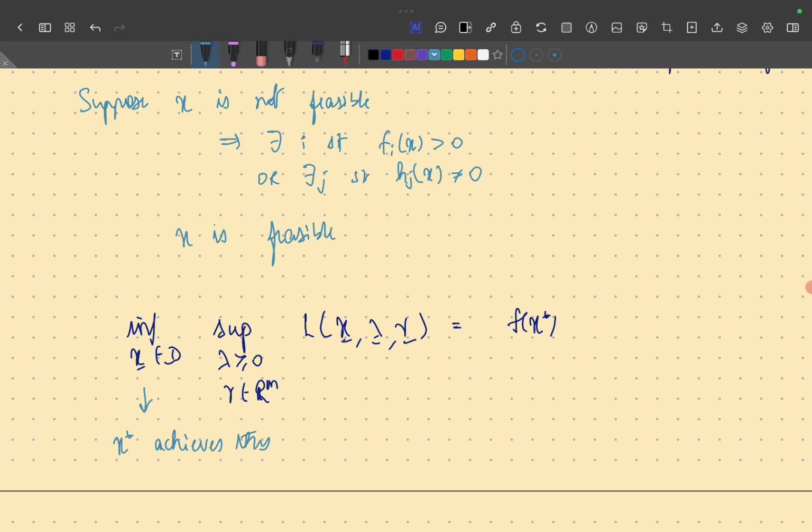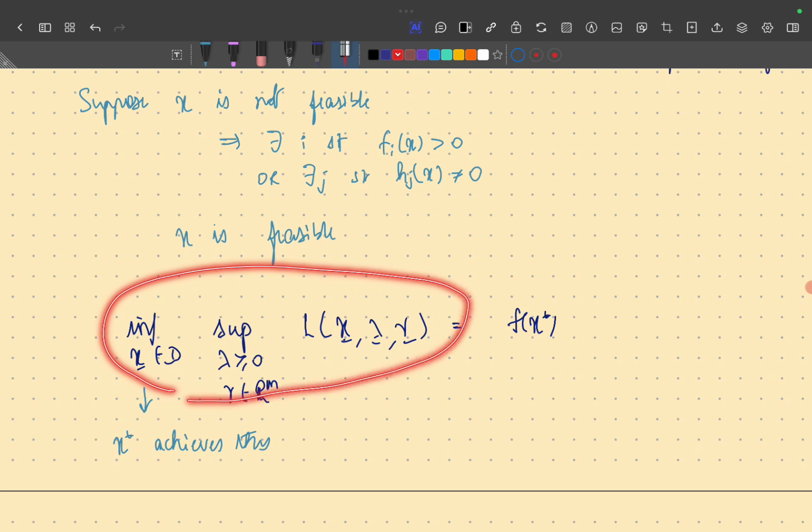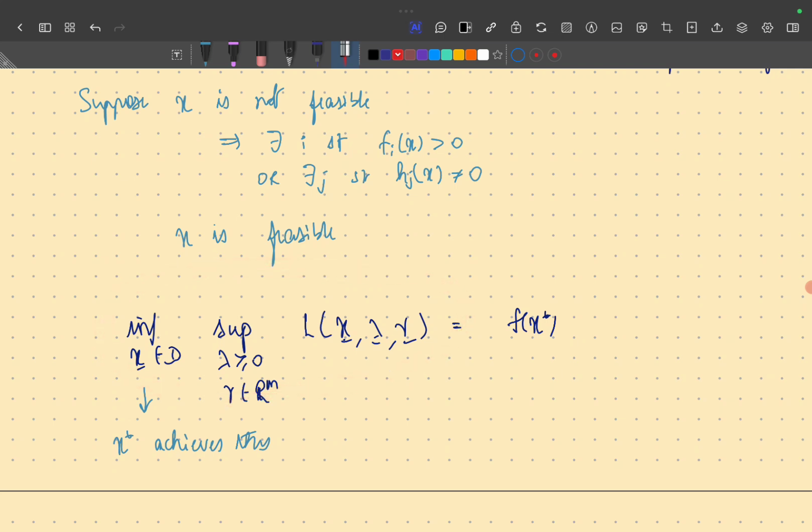But the point to note is that what we did over here was an unconstrained minimization, not a constrained minimization. Of course, this ended up being an extended value function, so that unconstrained minimization was equivalent to the constrained minimization.